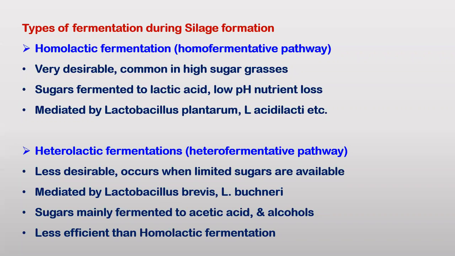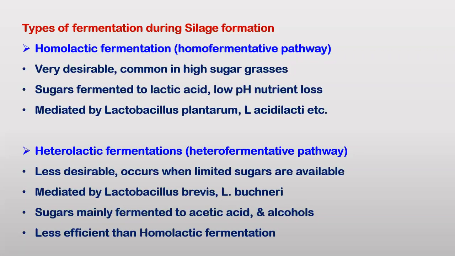Next is the heterofermentative pathway. This is a less desirable reaction, which occurs when limited sugar is available, and that heterofermentative pathway will be mediated by Lactobacillus brevis and Lactobacillus buchneri, and the sugar is mainly fermented to acetic acid, not lactic acid. You just remember this point.